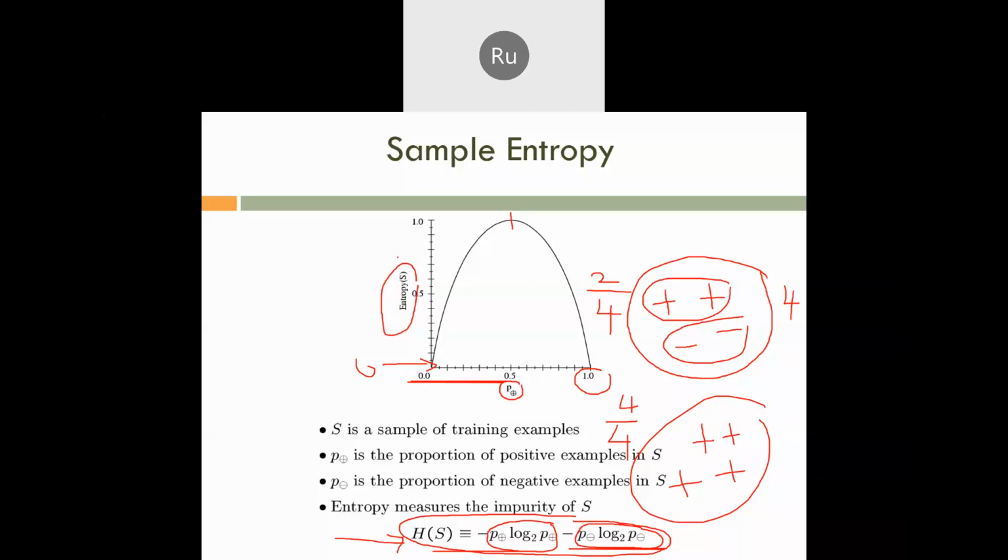If the value is 0, that means all the members belong to one symbol only, which is the positive. If your entropy is 1, that means 50% of your samples in this partition belong to another label. We will show you how to compute this entropy later on.